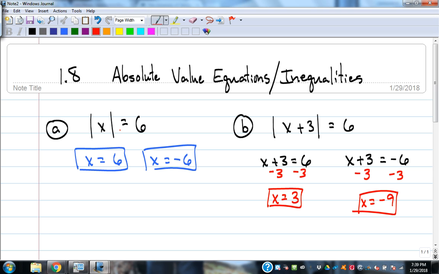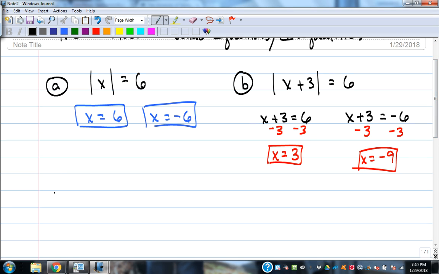The rest of the time you should be getting different numbers when solving those equations. The most common thing I see with folks in absolute value equations is they'll just do the first one and then say the other answer is negative 3 without showing any work. So don't get into that problem.